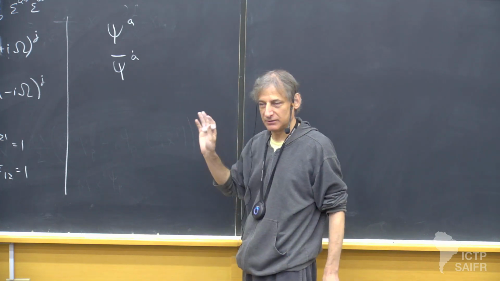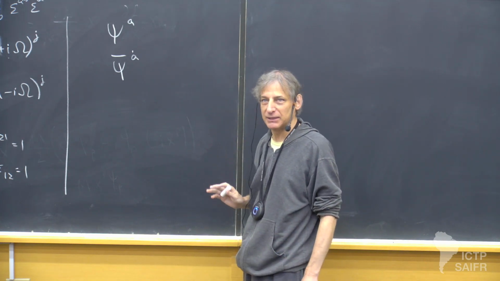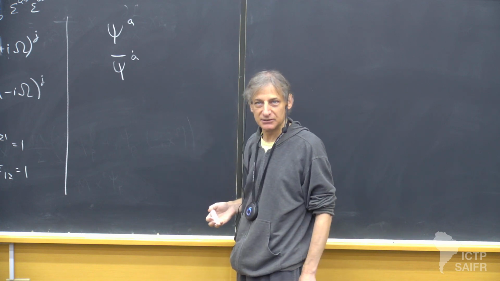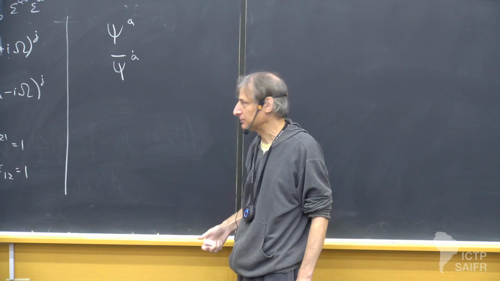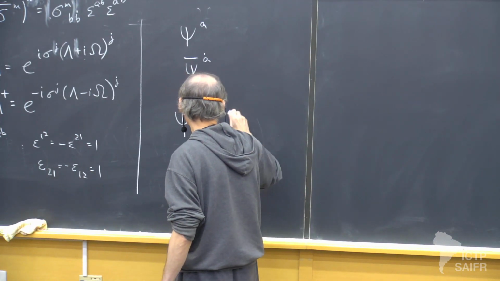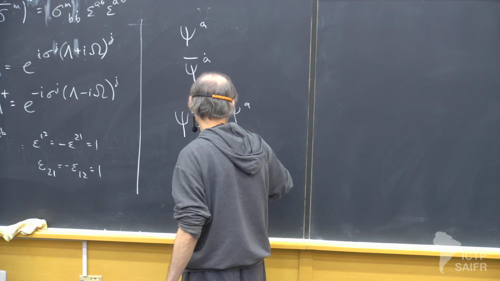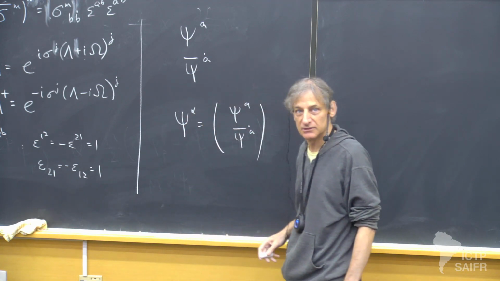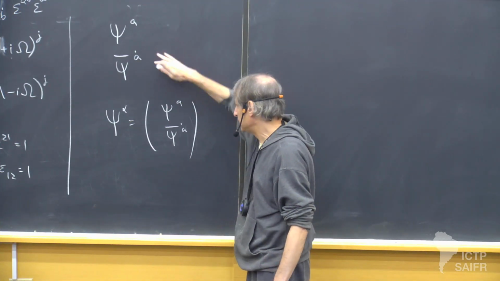Just so I don't confuse you now, Ricardo has been using a different notation in which the spinor has 4 components. So probably he didn't even tell you what it was, but psi alpha turns out to be related to psi A. So his alpha had 4 components, and they're related to these in this way.